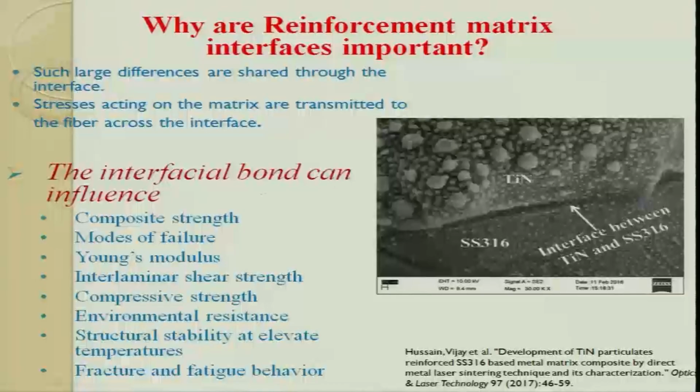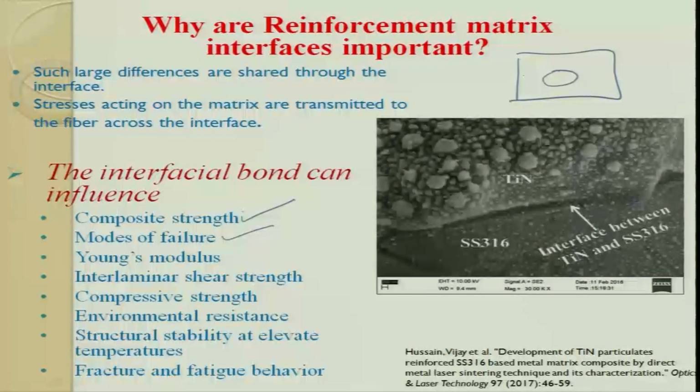The interface bonding can very strongly influence composite strength and modes of failure. I will tell you, if you have a matrix and a reinforcing agent, and a crack is propagating, this crack strikes the reinforcement, and then the energy gets distributed over the surface of the ceramic.